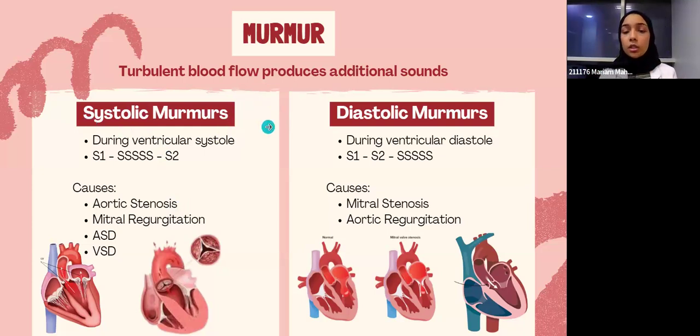For the murmurs, there are systolic and diastolic murmurs. Systolic happens between S1 and S2. So why is that? S1 is the closure of the AV valves, and S2 is the closure of the semilunar valves.